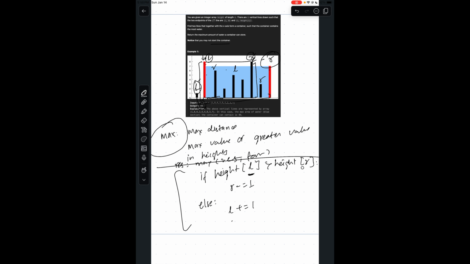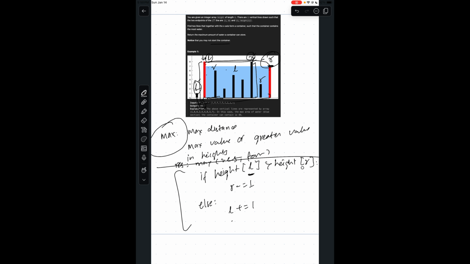And we are not slanting the container. We are using the minimum of the heights of left or right. We are not slanting anything, so I think we are all set with this algorithm.